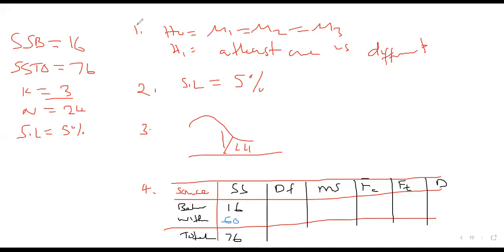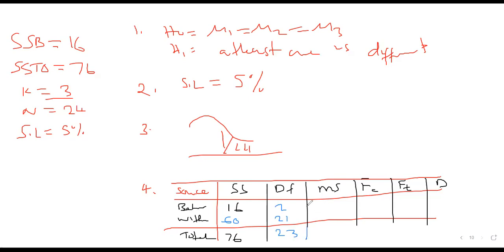How do we get the degrees of freedom there? It's K minus 1. So our K is 3, which gives 2. And then we write N minus K, 24 minus 3, which is 21, and the total is 23. And here, what do we get?